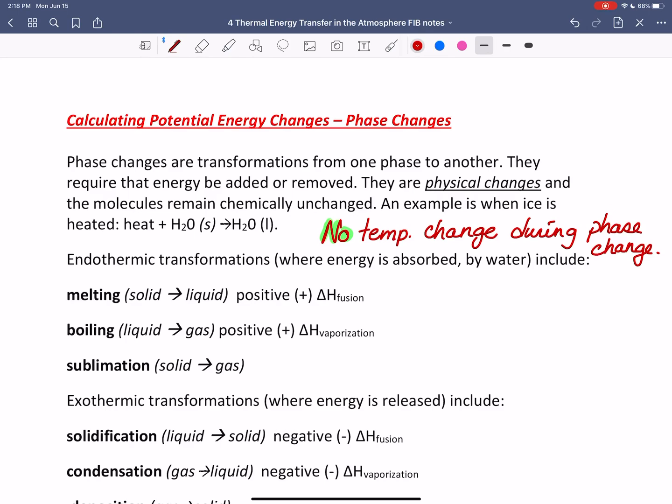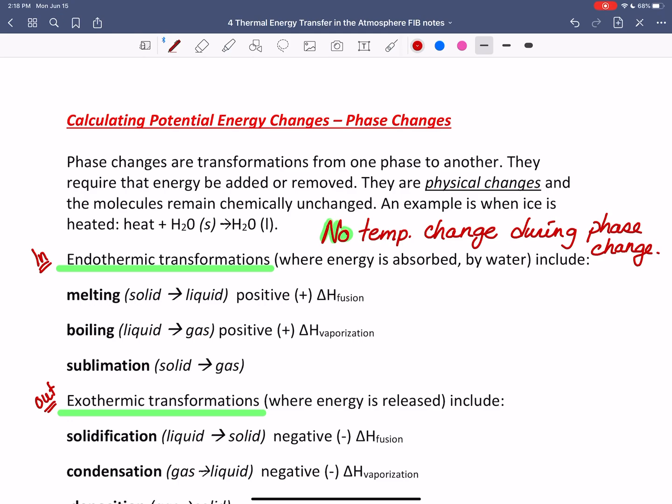Okay, and then we can see here that the transformation can be both endothermic, where we put energy in, remember that endo means in, and exothermic, where the transformation means energy out, so remember exit. And so when do I have to put energy in?